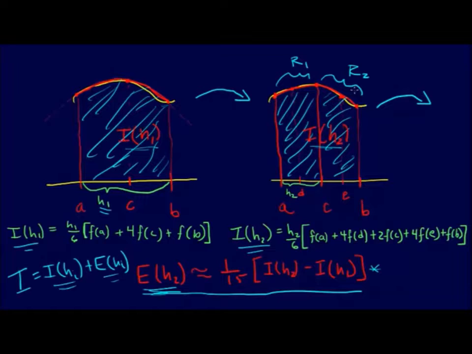But if it's not, then we apply this all over again, and you can see how they will get smaller and smaller, but only for the regions where the error is above our tolerance.